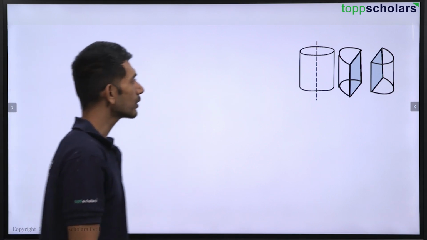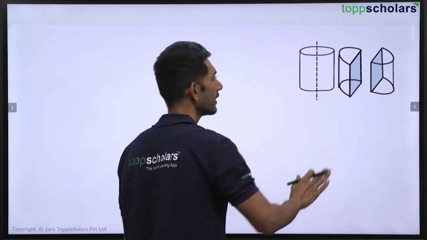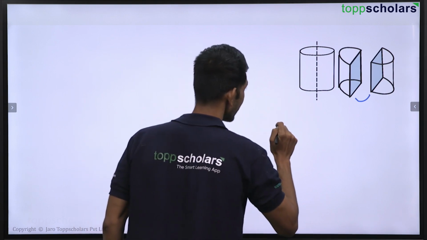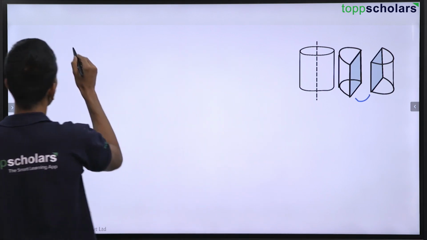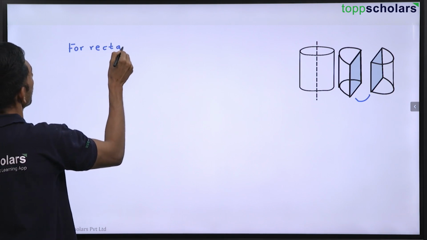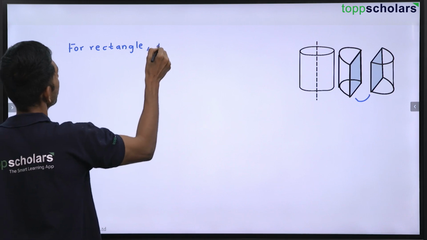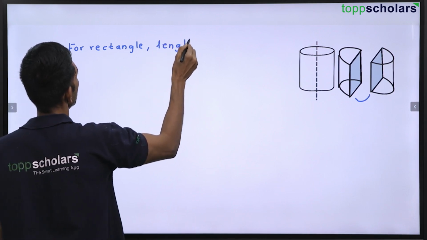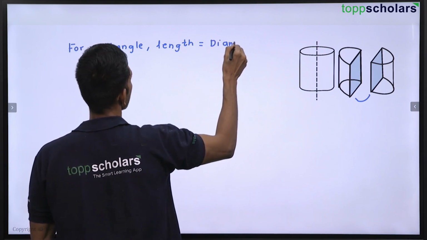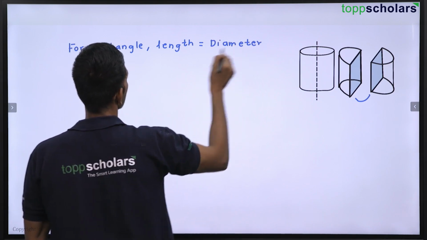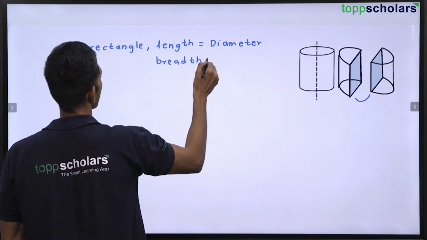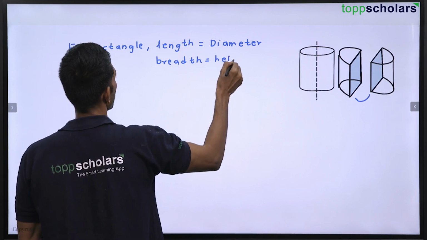Now we need to find out the total surface area for these two halves. So can I say for the rectangle, the length is equal to the diameter, and the breadth is equal to the height.